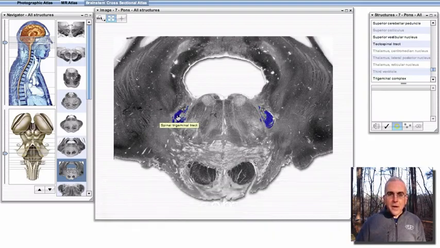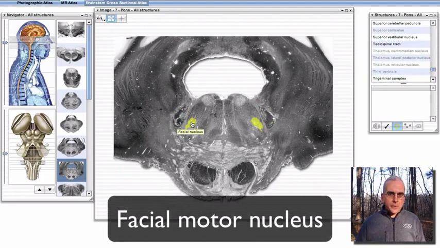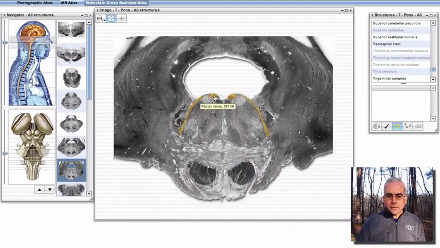We have other important cranial nerve nuclei here. We have the facial motor nucleus in the caudal pons, which gives rise to axons that sweep across the tegmentum and loop around an important gray matter structure just below the pointer here, and these axons then arc back out and exit the ventrolateral aspect of the pons.